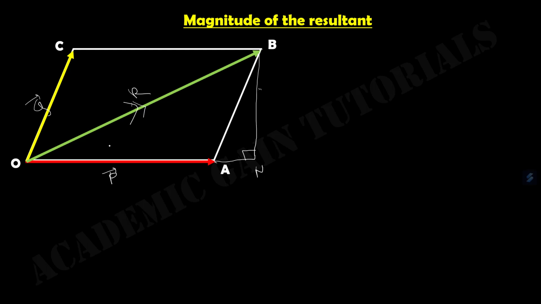Now, as we know, these two sides are parallel and we take the angle between the P and Q vectors as alpha.